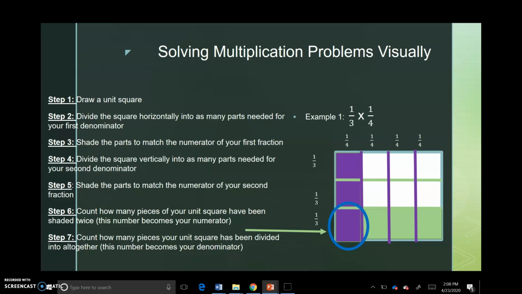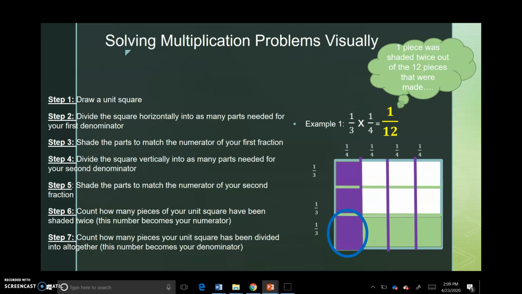When you're doing yours, you'll be able to see the two colors crisscross, whether you're using a pencil and a pen, or 2 colored pencils, or 1 colored pencil and a regular pencil. You'll be able to see that there was one box shaded. And now I have to count how many pieces I ended up making in my whole unit square. And when I'm looking at that, I have made a total of 12 pieces.